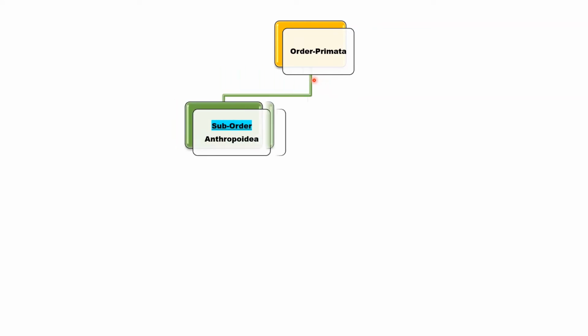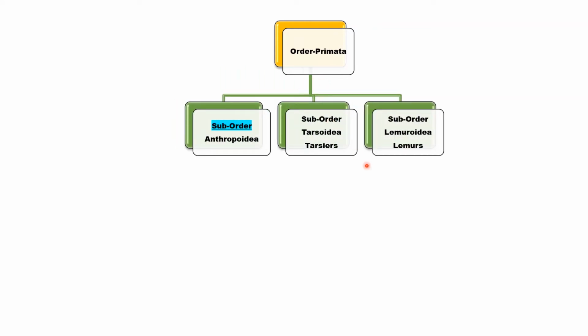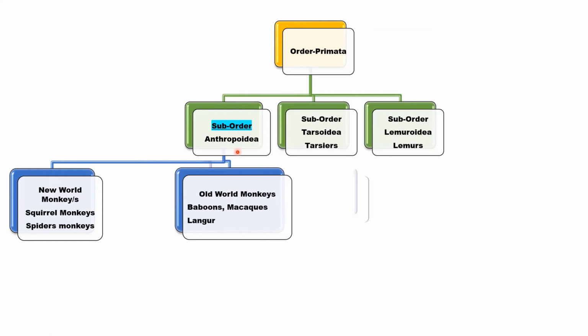Now let us quickly rush through the classification of humans. Humans belong to the order Primata, which includes 3 groups. One is suborder Tarsoidea, which includes Tarsius, suborder Lemuroidea, which includes lemurs, and Anthropoidea, which further includes 3 groups: New World monkeys, Old World monkeys, and Hominoidea.